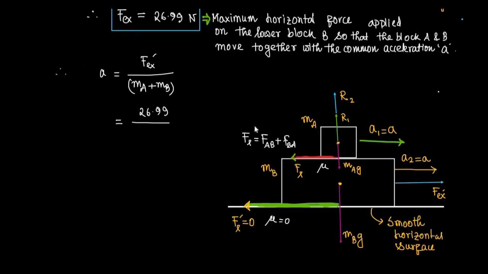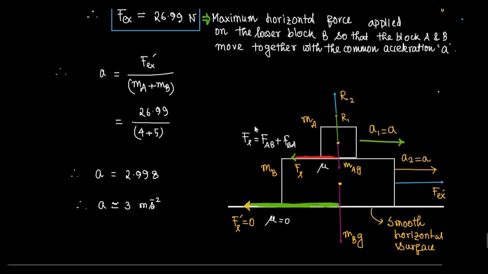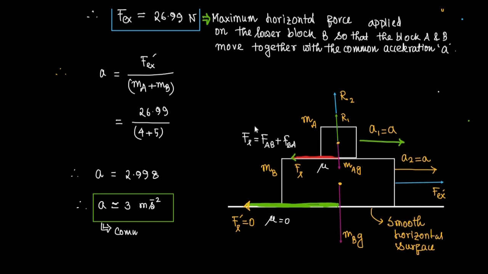Putting the values, 26.99 divided by 4 plus 5, we get A equal to 2.998, that means the common acceleration A is 3 meter per second square, which is the common acceleration of the two blocks A and B under the action of the applied external force Fex prime to the lower block.